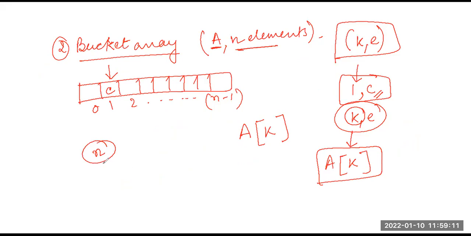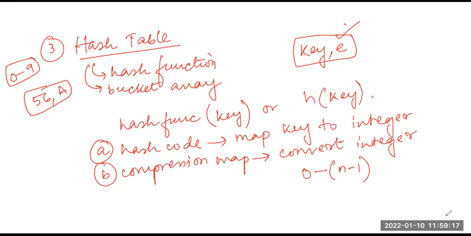If it goes beyond that limit, it can never store. This is the problem with the bucket array. But with this improved version, suppose 56 was my key. I cannot store A in 56 because I do not have a 56 location. So what will I do? I will apply a hash function to my 56. Suppose it gives me a value of 6.5.